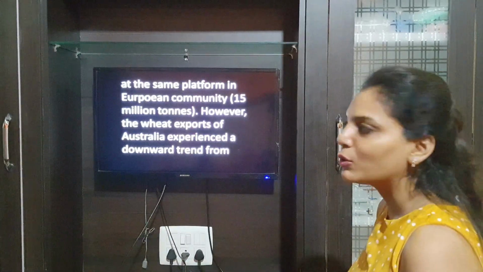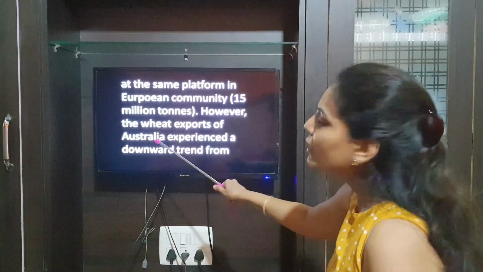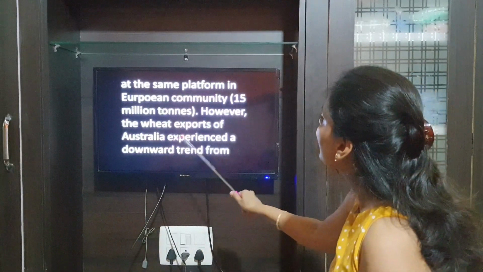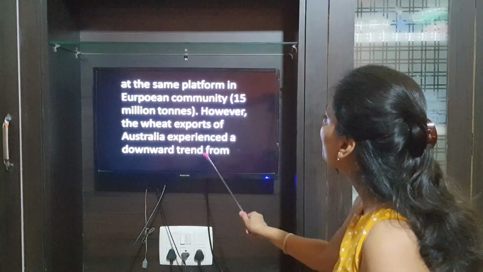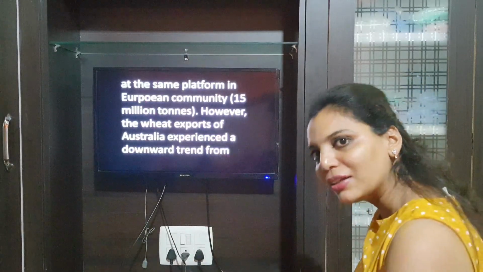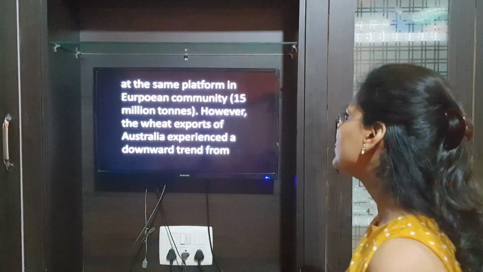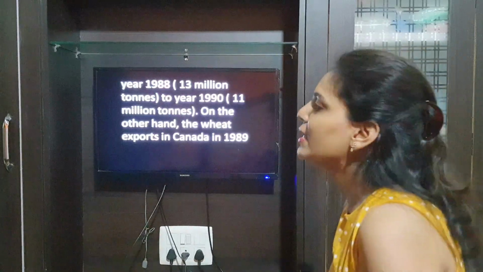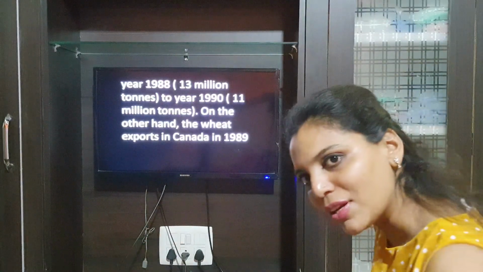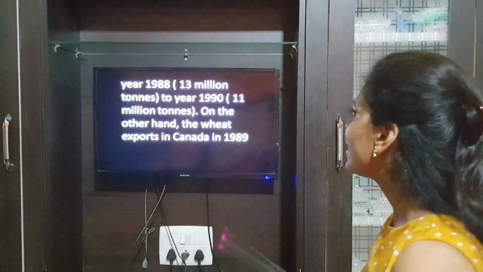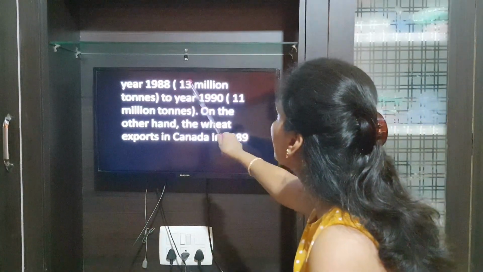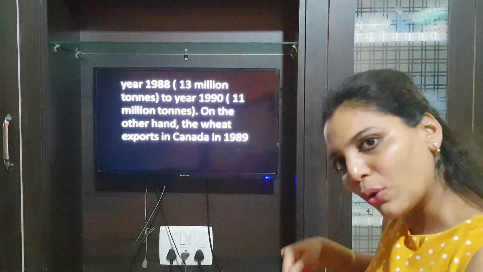But if we talk about Australia, however, the wheat exports of Australia experienced a downward trend, means they started decreasing from year 1988. From year 1988, the wheat exports of Australia started decreasing from how much? 13 million tons, and it continued to decrease.